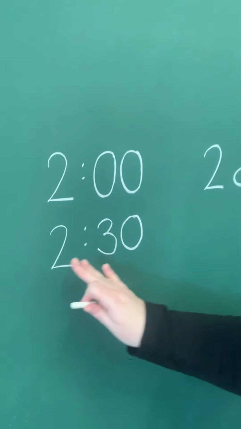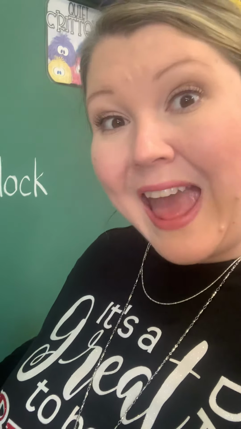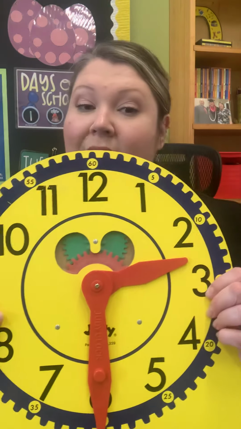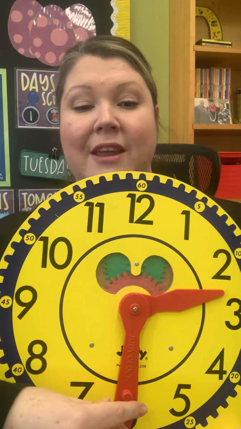So it's 2:30 or it is half past 2 because half of the hour has passed since it was 2. And let's go back to Miss Derry's desk. We'll look at the clock again. 2:30. Now, let's continue going around the clock.